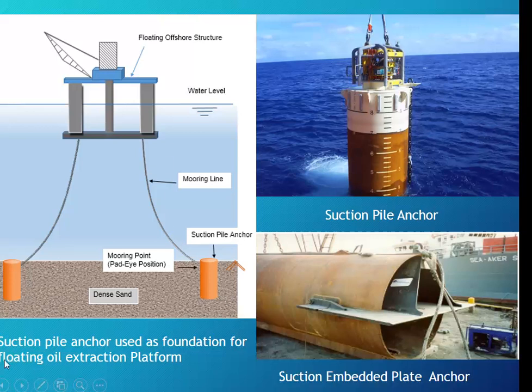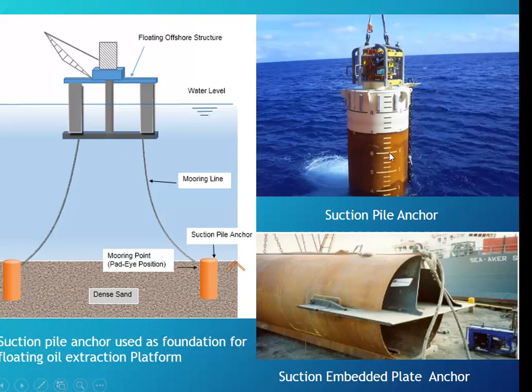In this image, the suction pile anchor is used as the foundation for floating oil and gas extraction platforms. This is the mooring system which holds the platform with the pile. I am calling it a foundation because it works as the foundation of the floating platform, but actually it is the anchor.